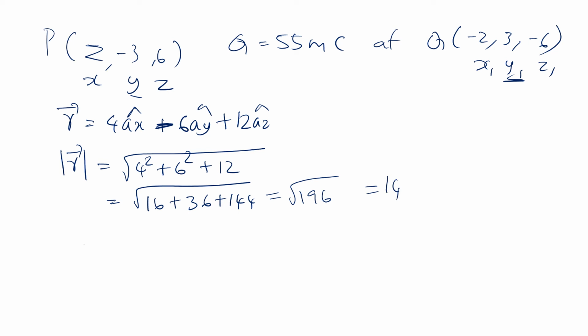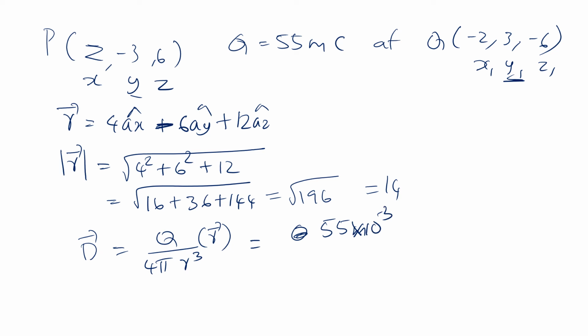So we have the expression D is equal to Q by 4 pi r cube into vector r. So that will be Q is 55 into 10 raised to minus 3 divided by 4 into pi into 14 cube into (4 ax cap minus 6 ay cap plus 12 az cap).